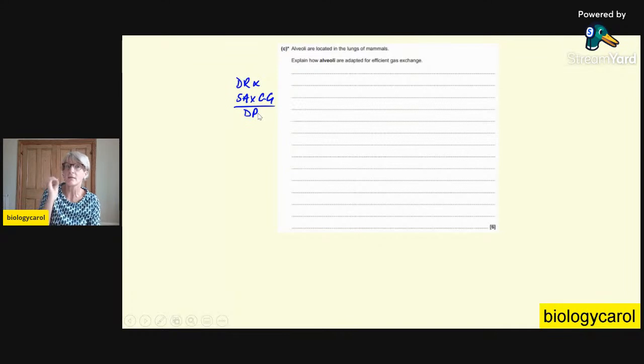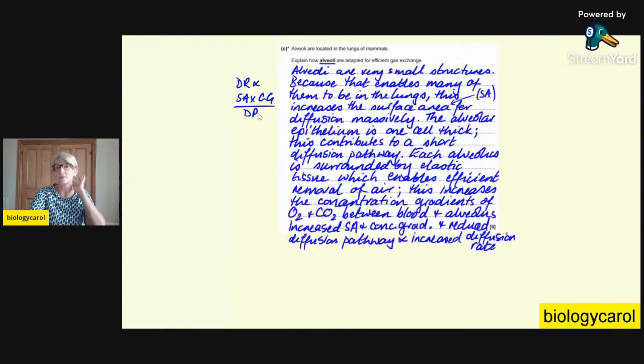So here I am thinking about each of these things with regards to the alveolus. Alveoli are very small structures. Because of that, which enables many of them to be in that volume of the lungs, this increases the surface area for diffusion massively.